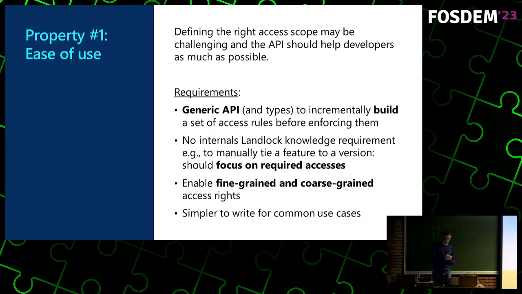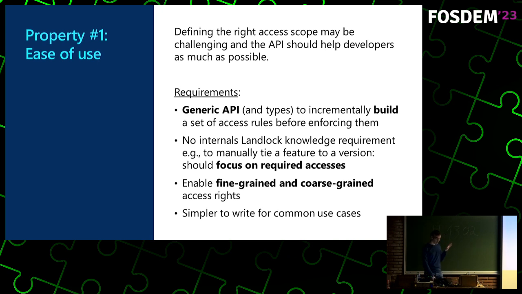So what we want to do at first, there are four main properties. The first one is to make it easy to use for developers, of course. So we want something generic, which follows the builder pattern, because it's common and easy to use. We want developers to focus on what they want to restrict, not the internal implementation in the kernel.